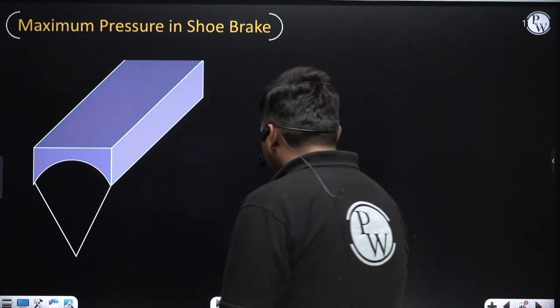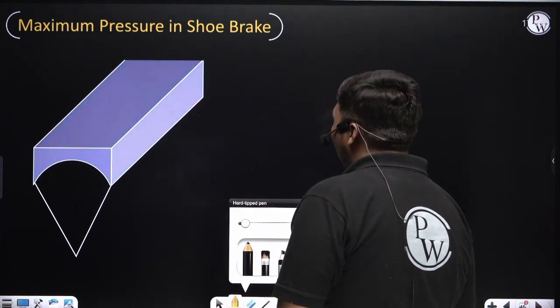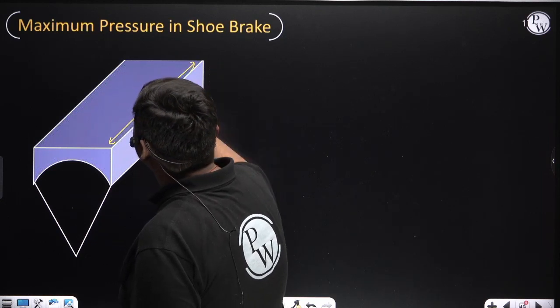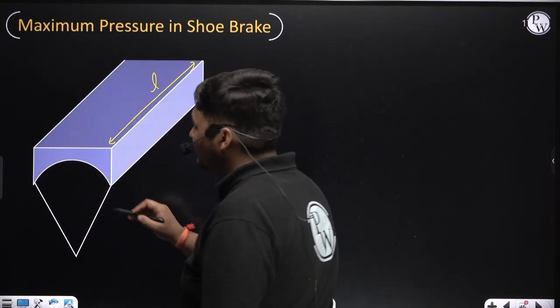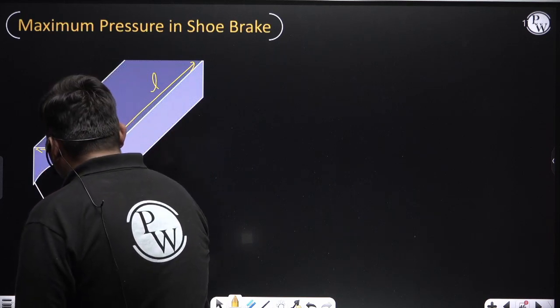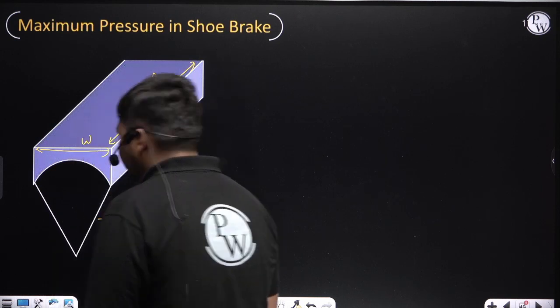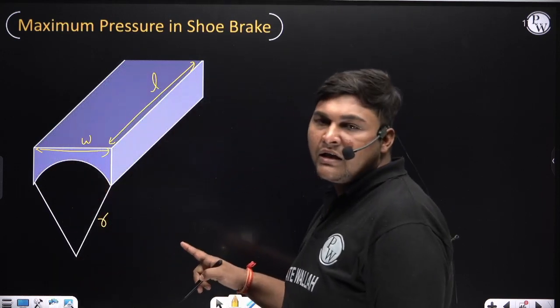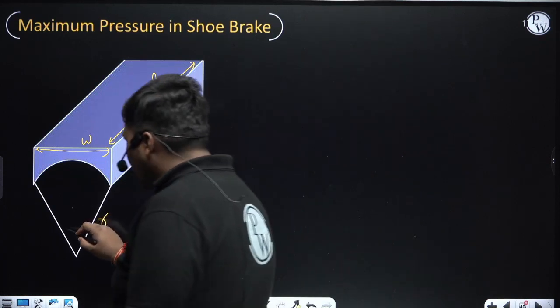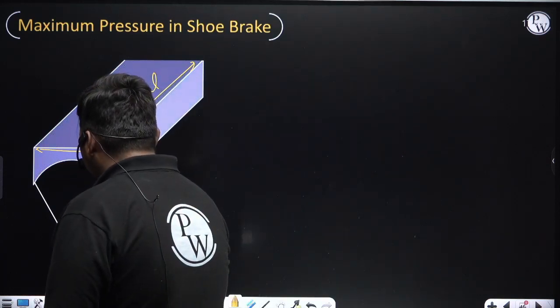Suppose this is the shoe of our shoe brake. This dimension I am denoting as L, which is known as the length of the shoe. This dimension is known as the width of the shoe, and this is the radius of the drum, R. The drum which is connected here has radius R, and this is the angle of contact or block angle.